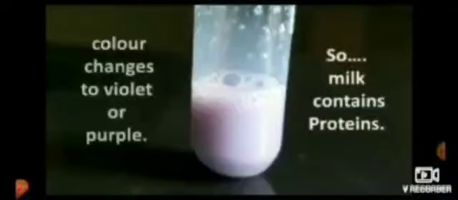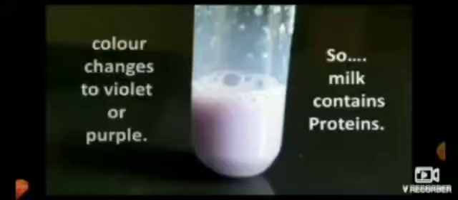See what is the color now you are seeing? Light purple color. Now a purple color clearly we are seeing. This color change is indicating that the given food material milk also contains proteins.